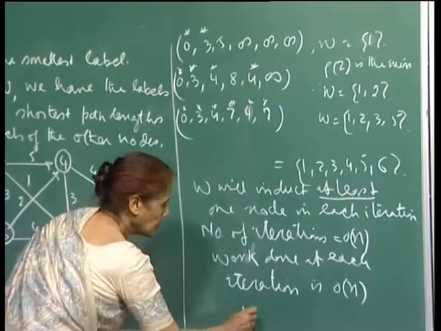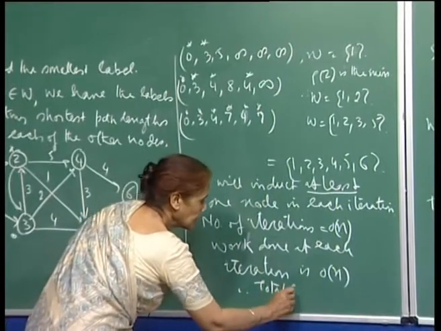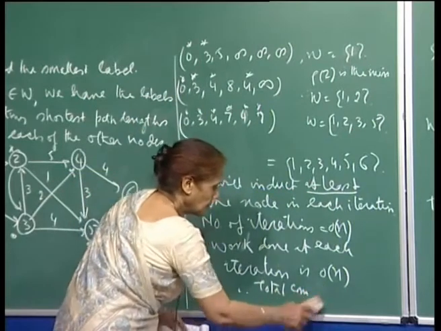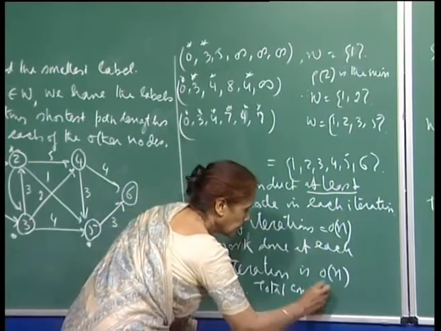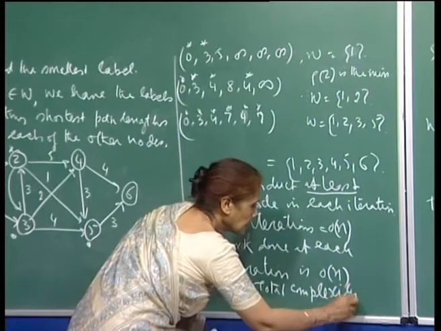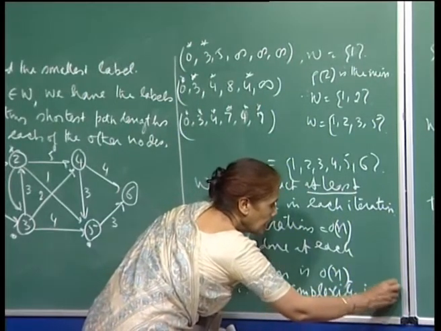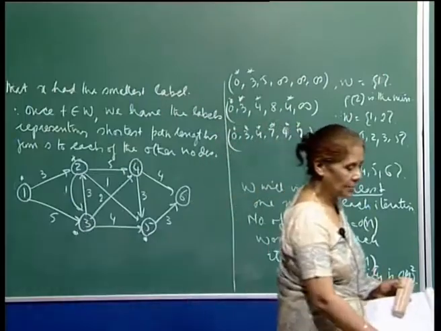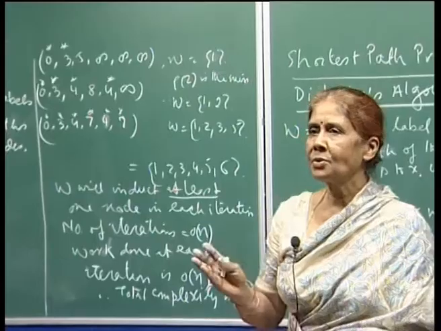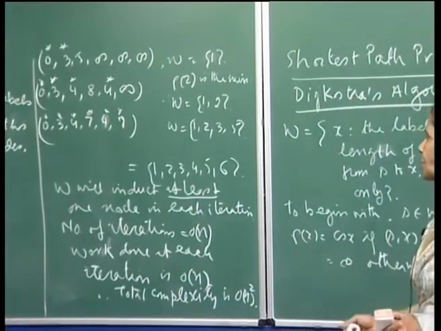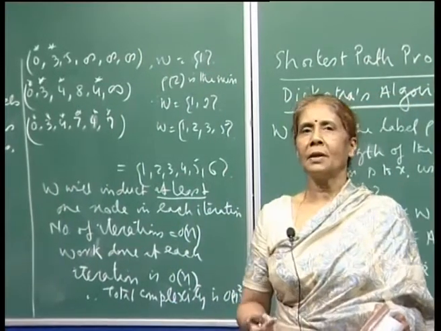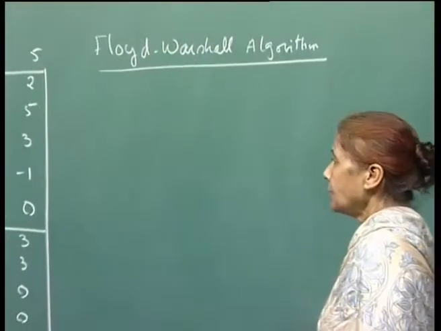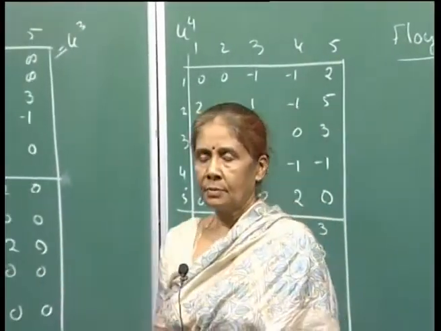Therefore, you say the total complexity is order n square, which is really nice, because at most in order n square steps, calculations of addition, comparison and so on, you will be able to find the shortest path in a network having n nodes.